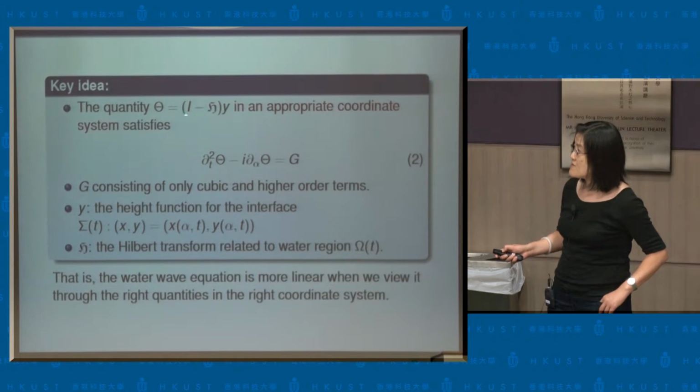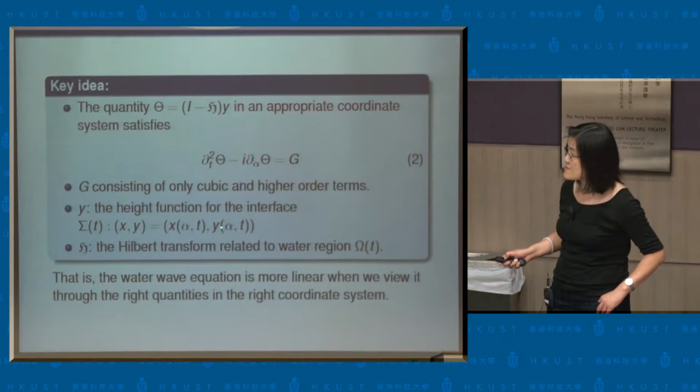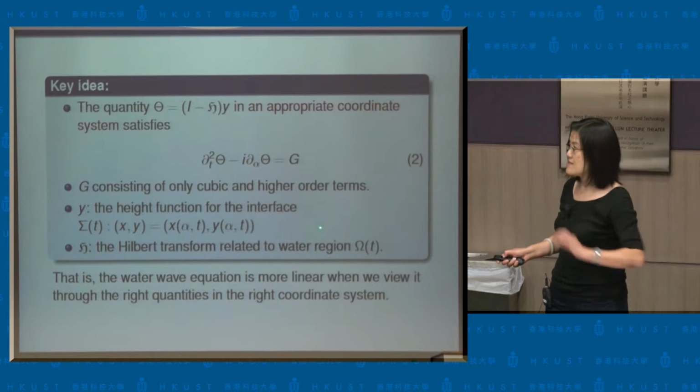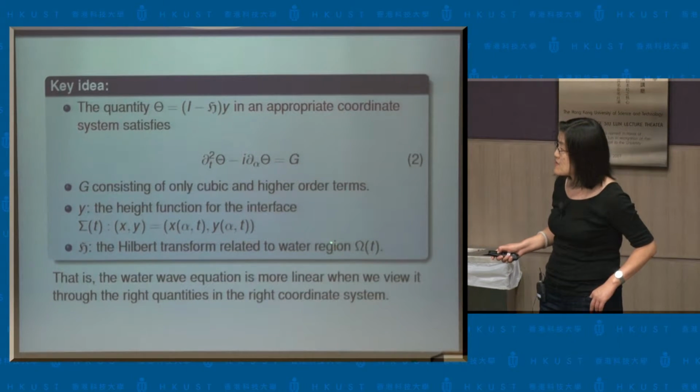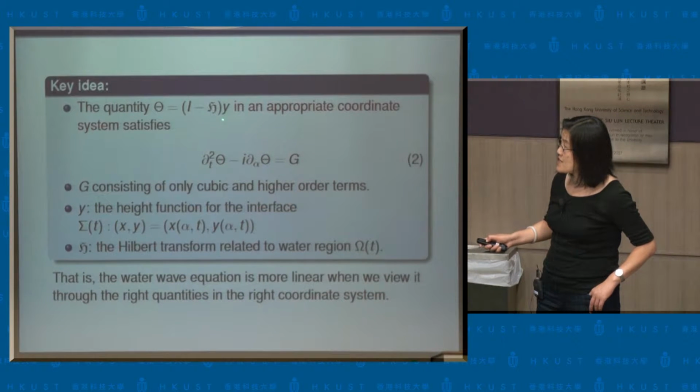However, there is a quantity of this shape: if you just take the interface, y is the height function, and h is the so-called Hilbert transform. So if you project the height into the space of holomorphic functions in the air region, that's exactly what this quantity means. Okay?